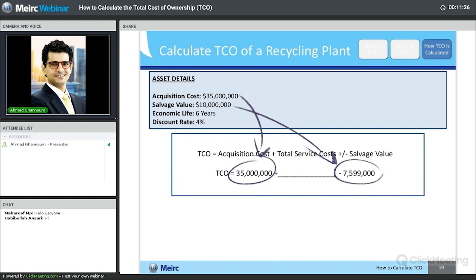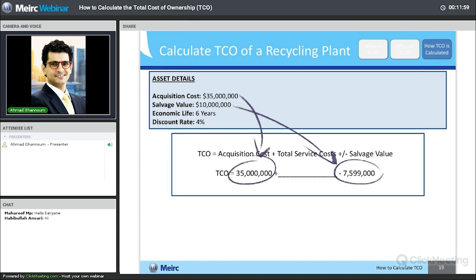Next, we are going to register the salvage value. Now notice, we're not going for the $10 million here, but rather we are going to log it as $7,599,000. Now why is that? Because we expect this factory to run for 6 years, and we are planning on selling it in year 7.